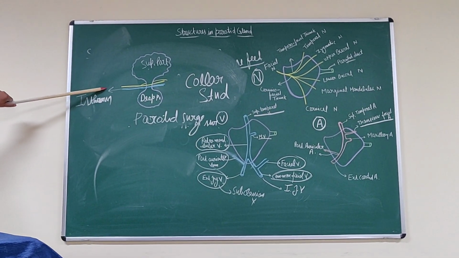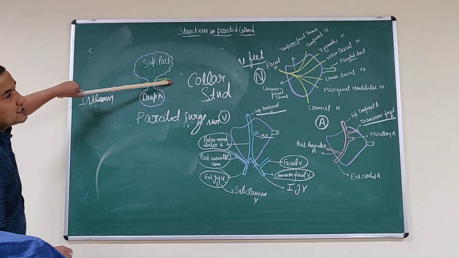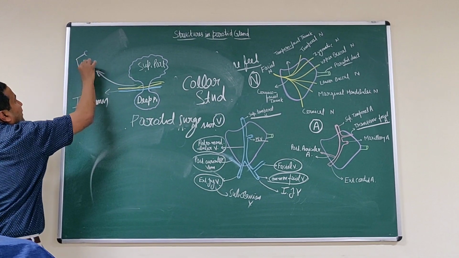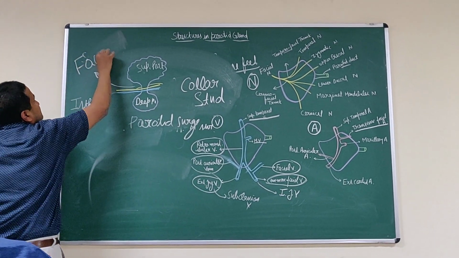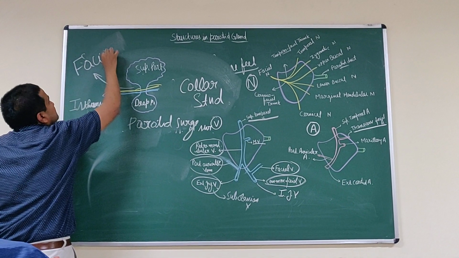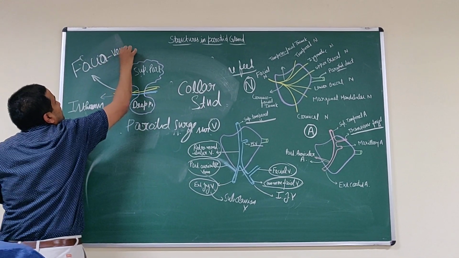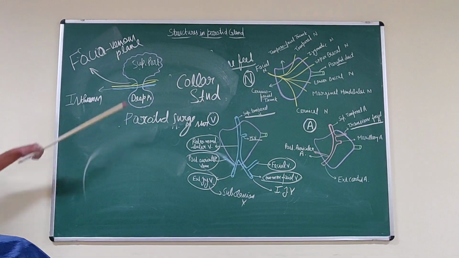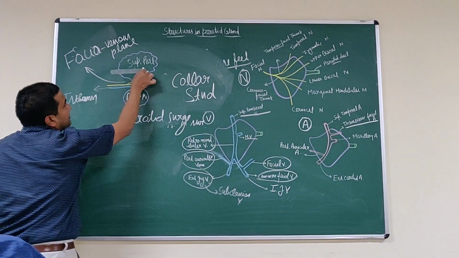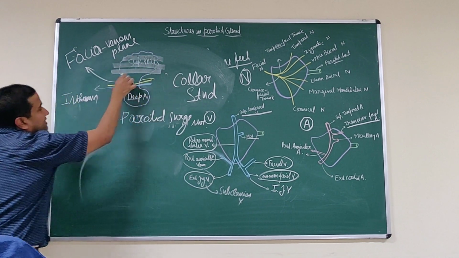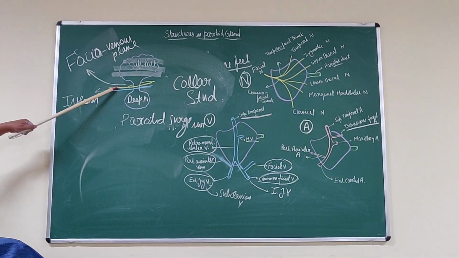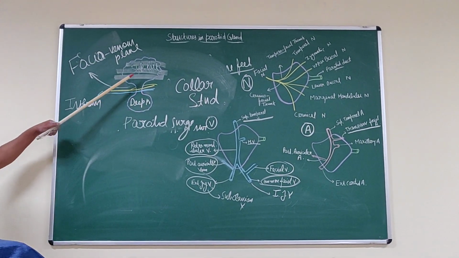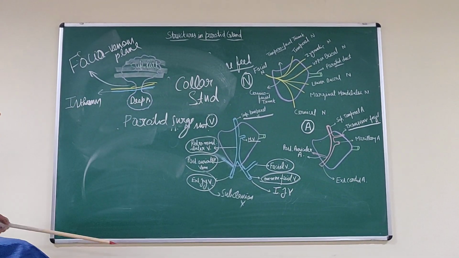And we have to remember that these structures pass through this plane, and this plane is the faciovenous plane. To remove this superficial part, this is the cleavage line. This is the cleavage line to save the facial nerve in case of a benign tumor of this parotid gland.